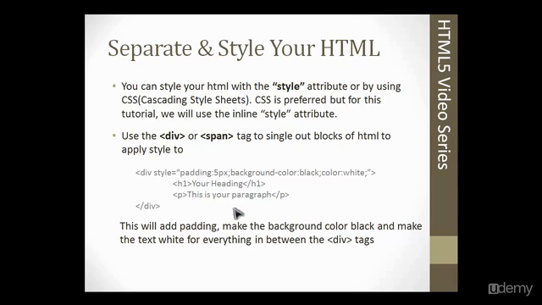So this block right here is going to have a padding of 5 pixels, so it's going to have a space of 5 pixels on each side. The background color of the entire div will be black, and the color is actually the text color, so the H1 and the paragraph will be white text. I'm going to get into this very soon when we start our first small web page.